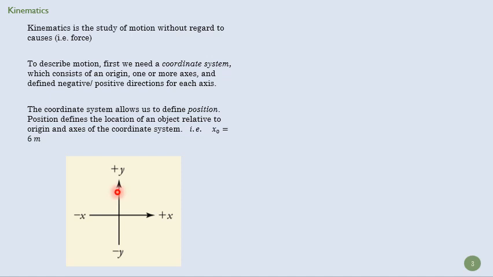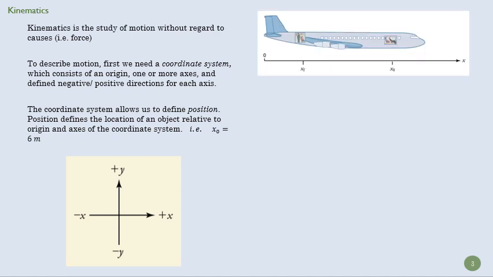This spot here is at y equals 4, and this spot here is at y equals -1. So those axes allow us to define particular places in this space.